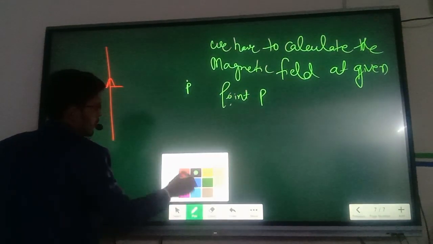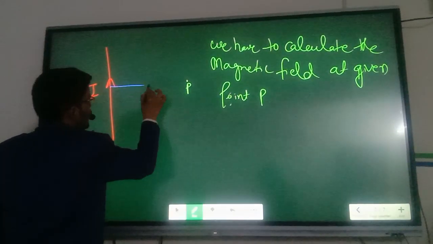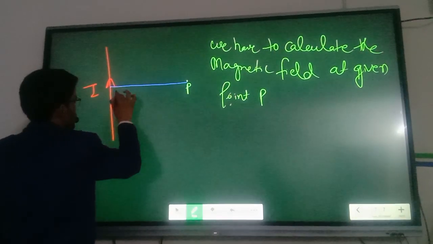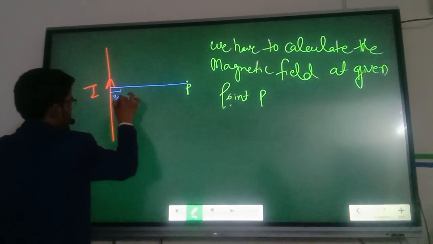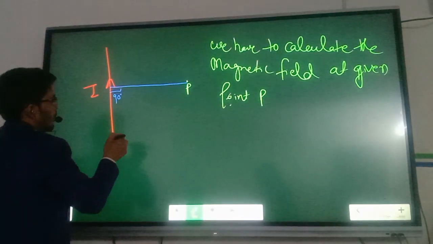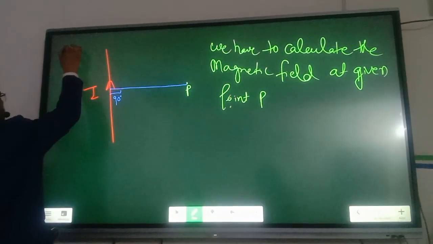Suppose this perpendicular subtends a 90 degree angle with the wire. Now suppose the length is finite.